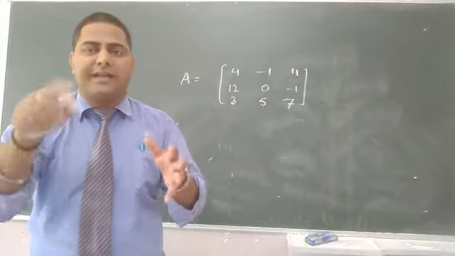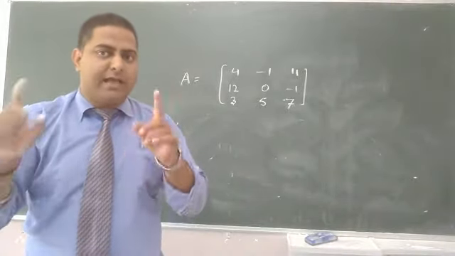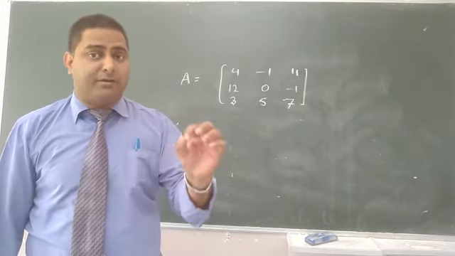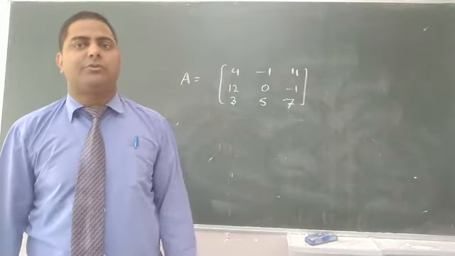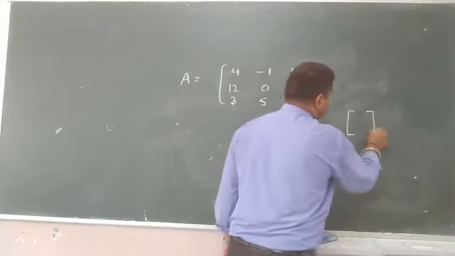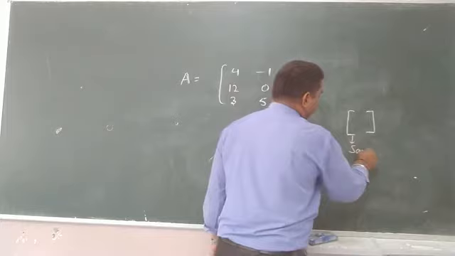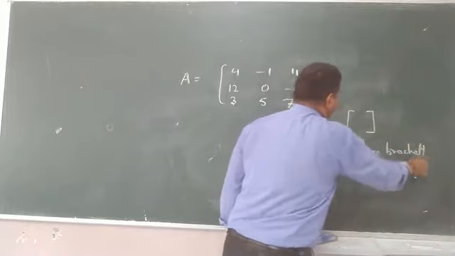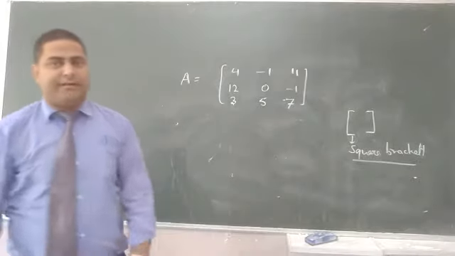You are not supposed to write any comma to separate the members. And second important thing, the members of a matrix should always be written in a square bracket. So all the members should be written in square bracket.